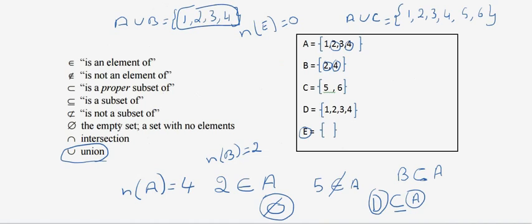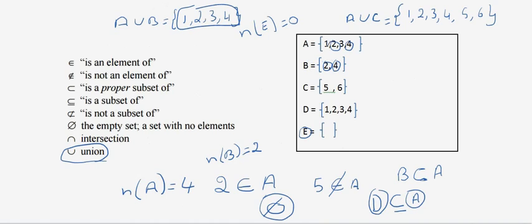And the next one is the intersection. Intersection tells you which are the common elements between two different sets. Again, I'll take an example of set A and set B here. If you notice, 1, 2, 3, 4 and 2, 4.